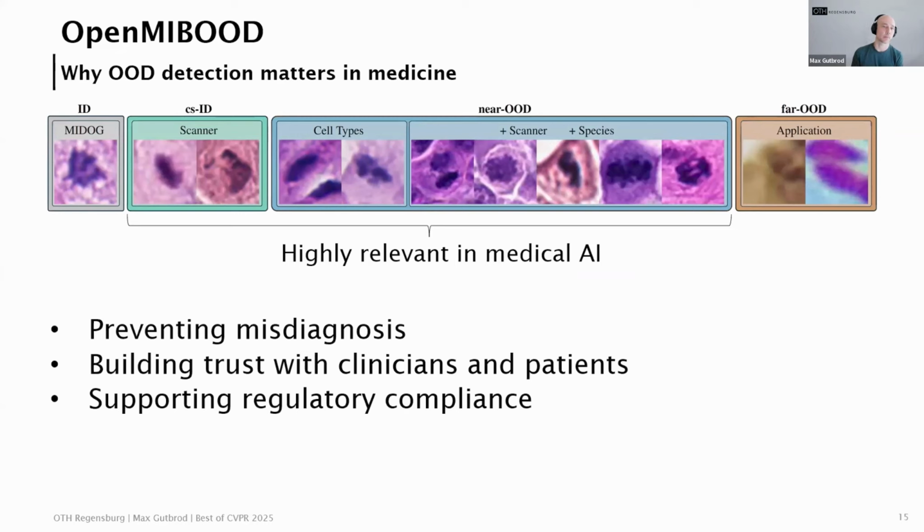And the far-OOD setting is maybe not so important, because these cases can basically only happen if there was some kind of user mistake. However, it's still interesting if the OOD detection methods are capable of detecting these larger shifts as well.